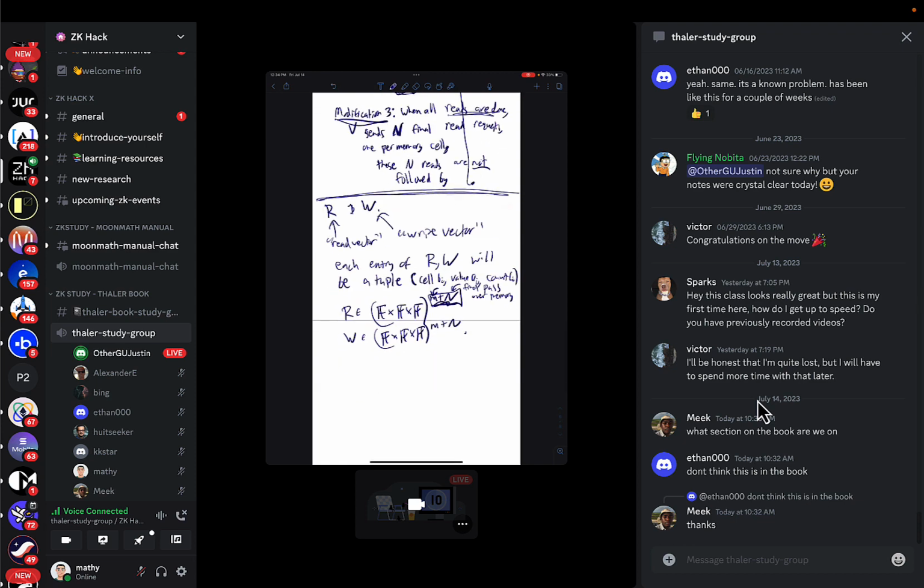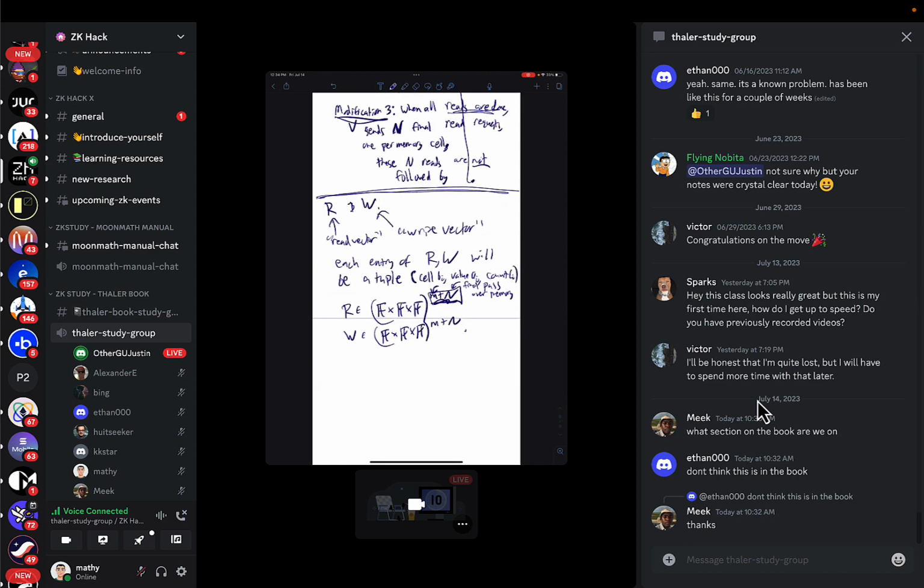So R consists of all tuples corresponding to all read operations of the memory checking verifier.